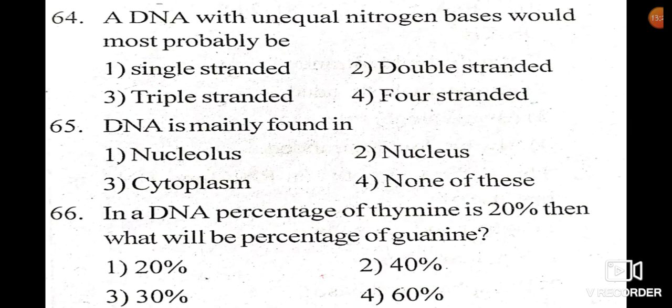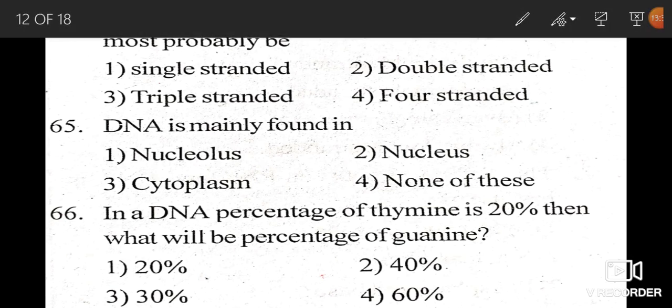Question number 64. DNA with equal nitrogen bases would most probably be a DNA with unequal nitrogen bases. Normally DNA contains 2 strands.